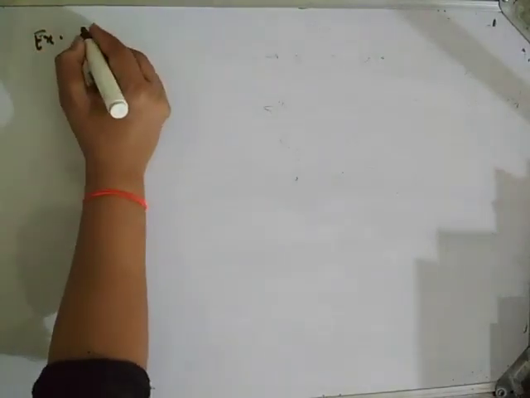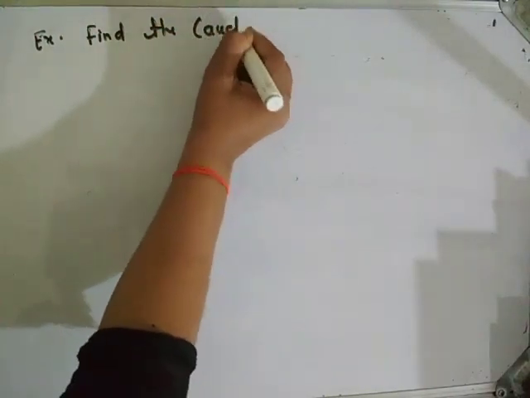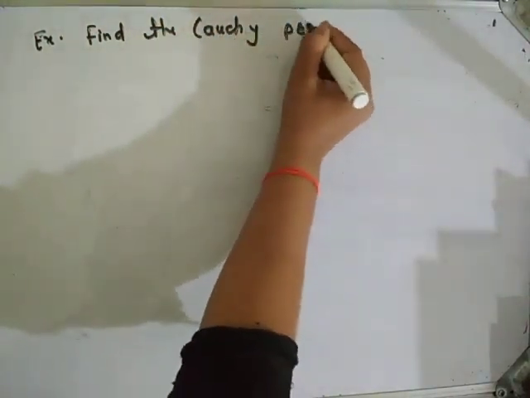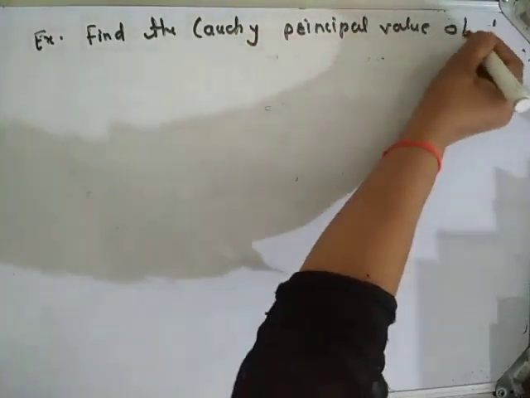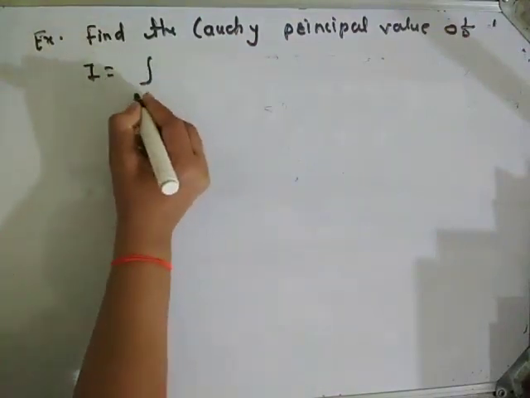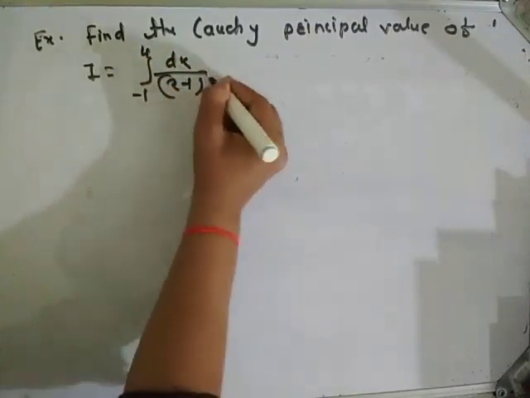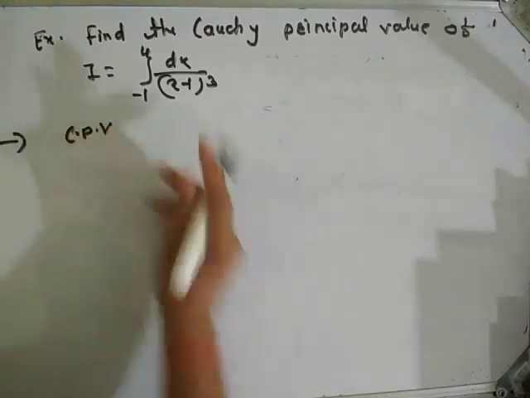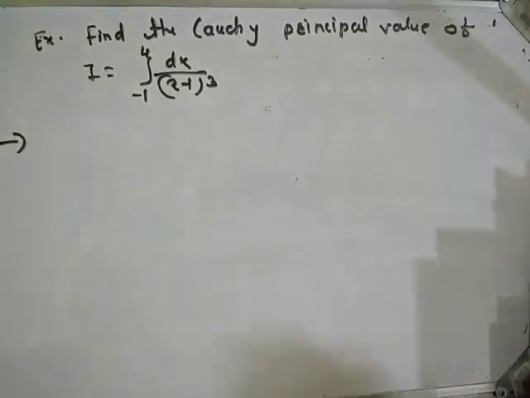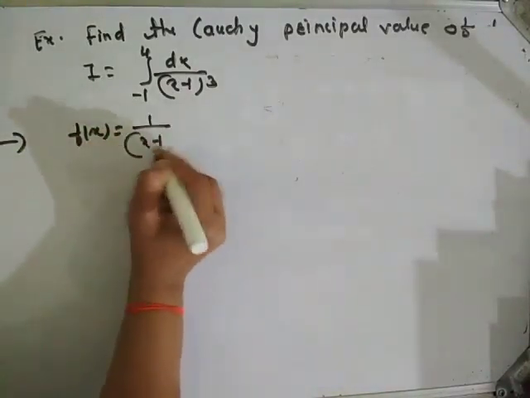Example: find the Cauchy principal value of I equals integration from minus 1 to 4 dx upon x minus 1 cube. Okay, so first of all we will write here what is f of x. f of x is equal to 1 upon x minus 1 cube.